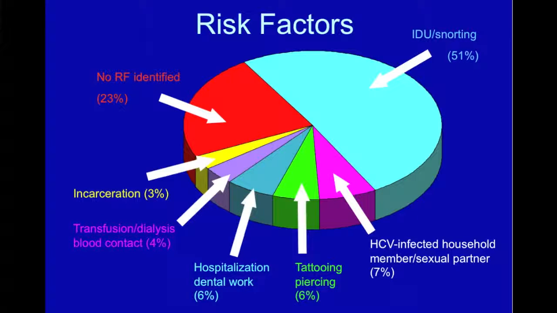Risk factors identified would include IV drug use and snorting, hepatitis C infected household member or sexual partner, tattoos and piercings, hospitalization, dental work, transfusion or dialysis, incarceration, and about 23% may not be able to identify the risk factor that led to the hepatitis C exposure.